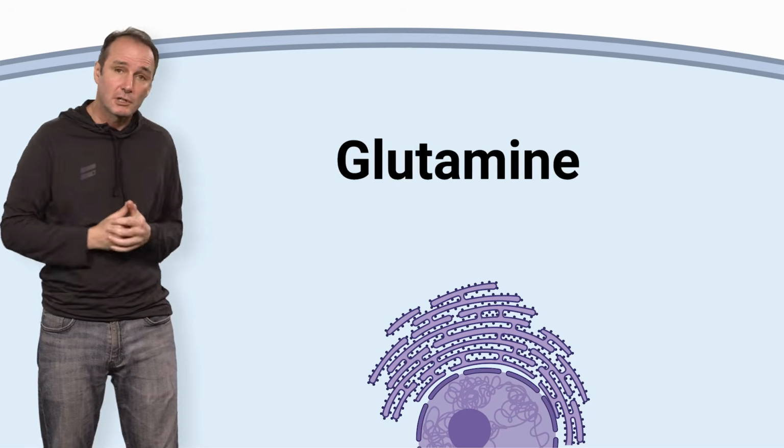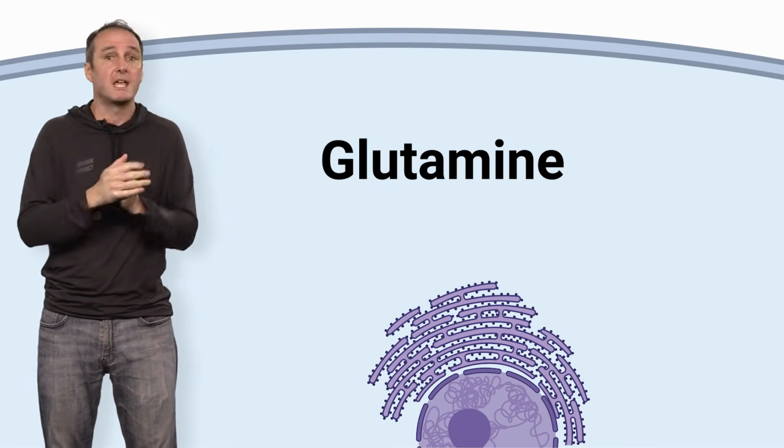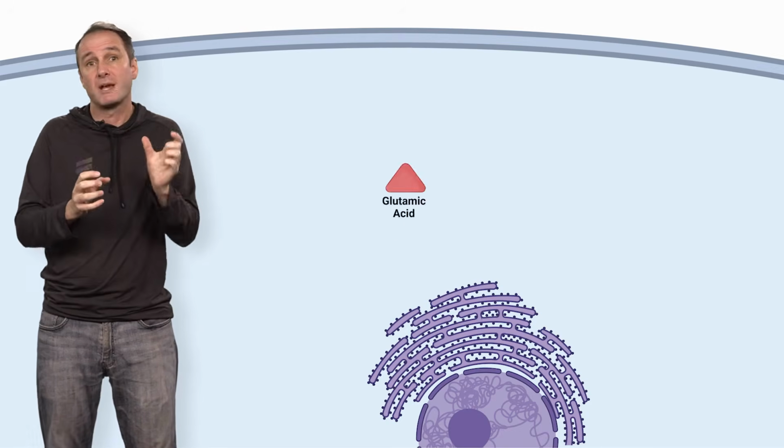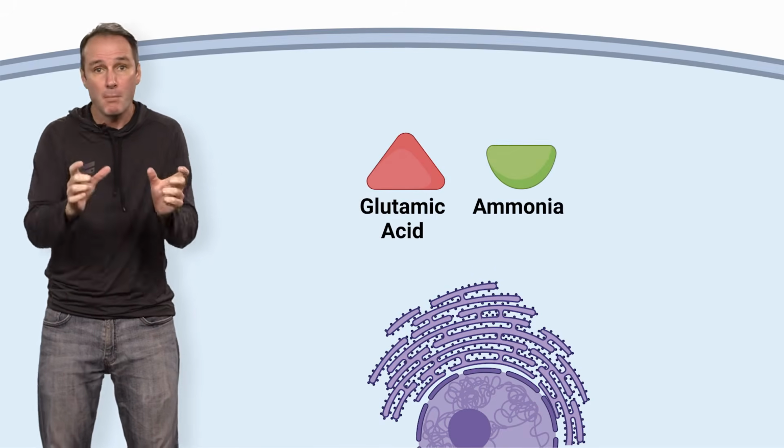So let's take a look at an example of chemical work where the phosphorylation of a reactant is what drives the reaction forward. And let's look at the production of glutamine. Glutamine is produced through a reaction between glutamic acid and ammonia.